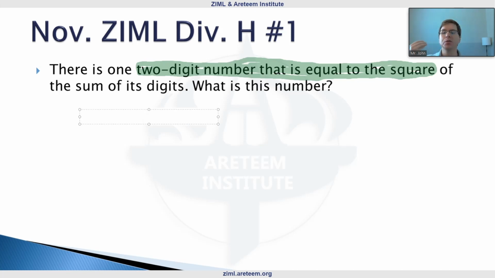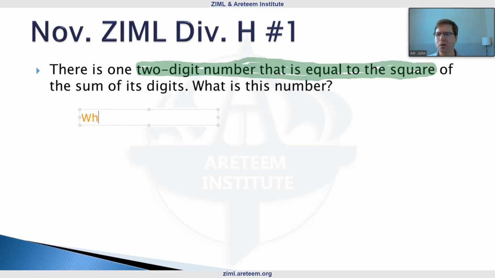Even if you don't know how to immediately solve a problem, you can at least narrow down, start making some progress, and oftentimes that'll help you with a flash of insight. Oh, now I know how to solve the problem. And in some cases like this one, you'll say, oh, it's actually pretty easy as well.